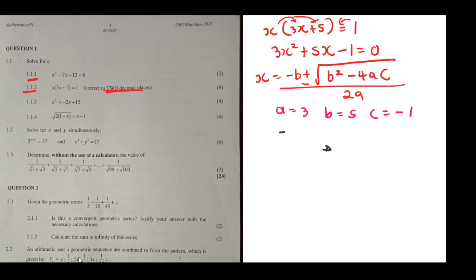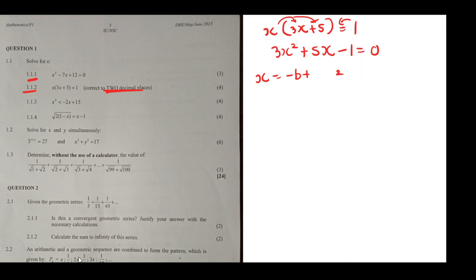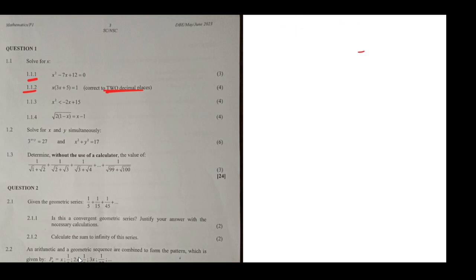Now let's solve the third problem, 1.1.3. What do we have? We have an inequality problem: x squared less than minus 2x plus 15. Transpose this to the other side.